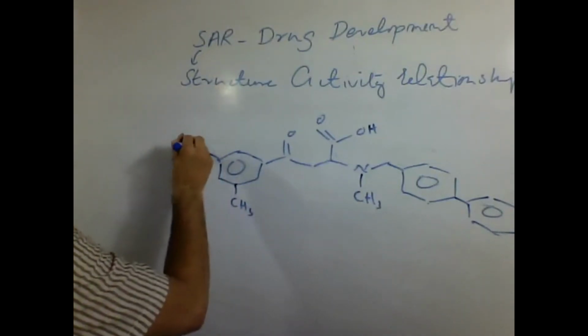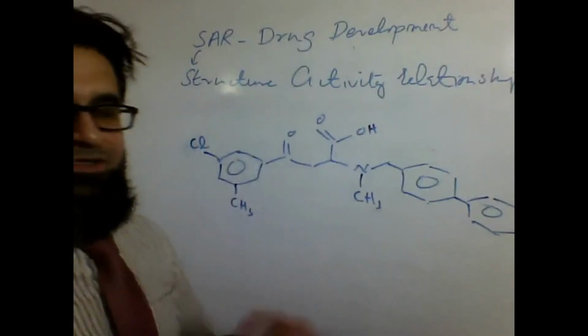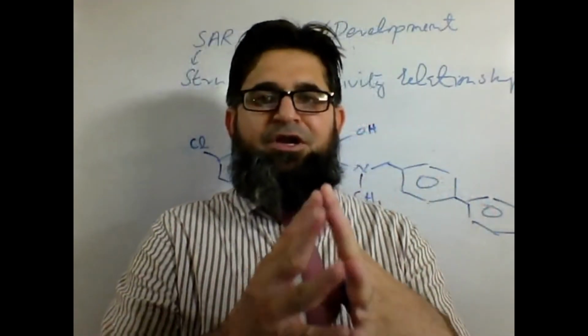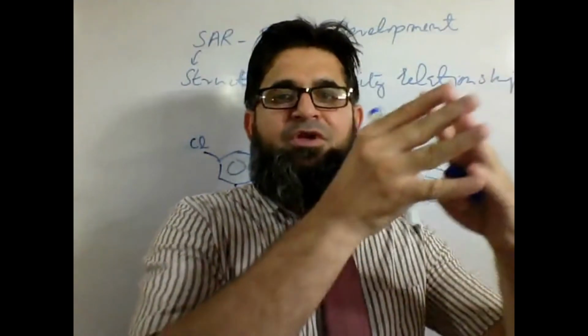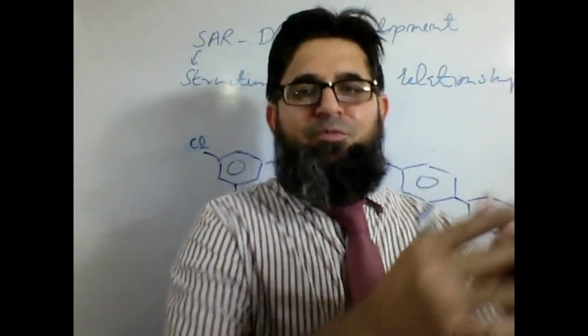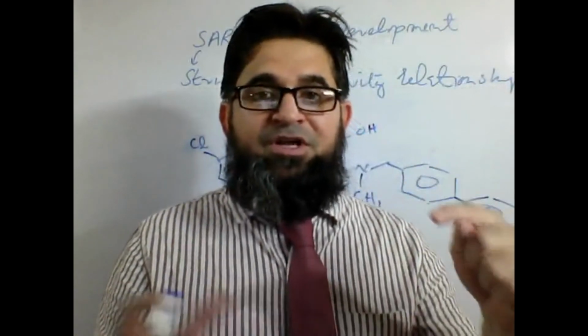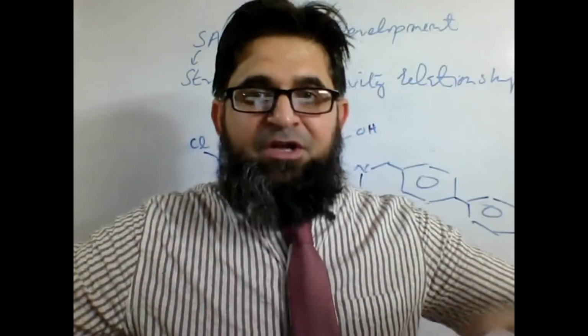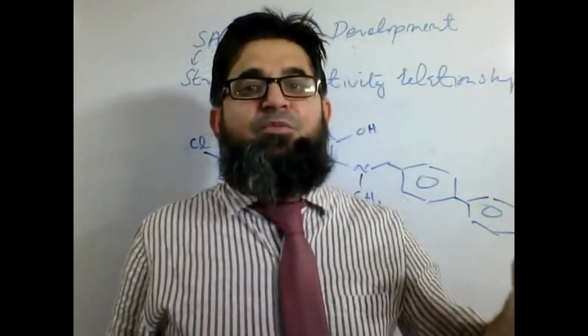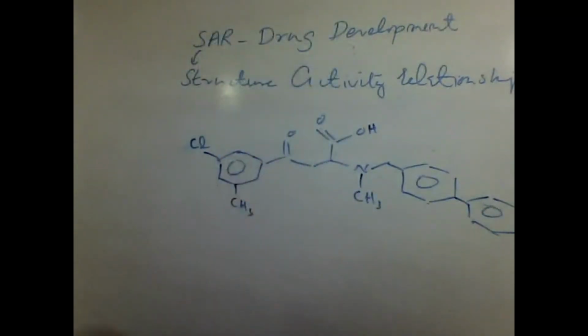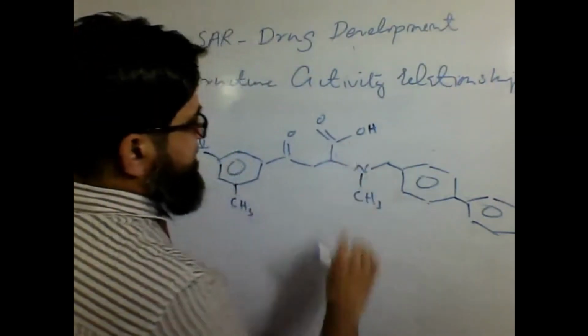Sometimes we can try with chlorides. Halogens are 3-4 different types, so we can try with one. Then in another lead molecule, try with fluoro. We can bring in chloro, we can bring in bromo. Maybe the lead molecule with chloro shows the best activity compared to the other molecule which has bromo or fluoro components.